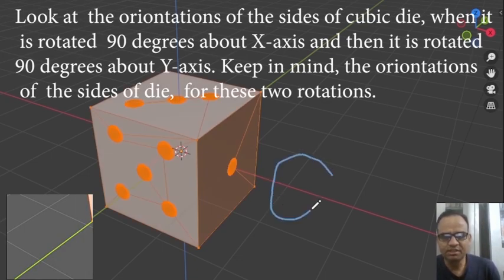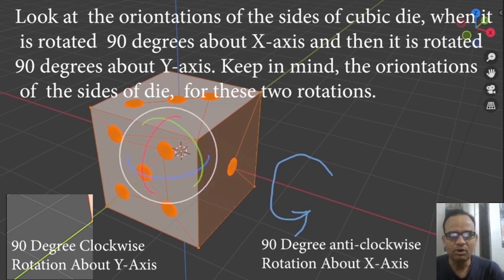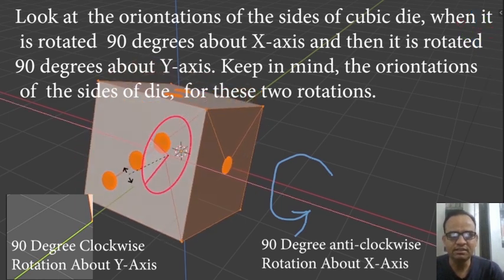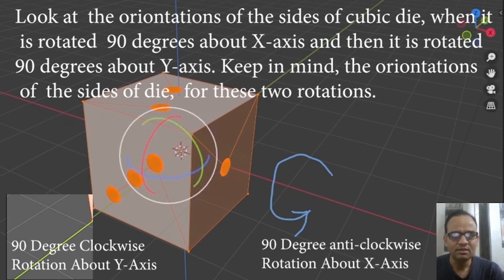First I'm rotating it about the x-axis, meaning I am producing angular displacement about the x-axis, which is red colored here. A 90-degree rotation I am going to give it here. It's almost 90 degrees. Not perfect, but almost 90 degrees here.